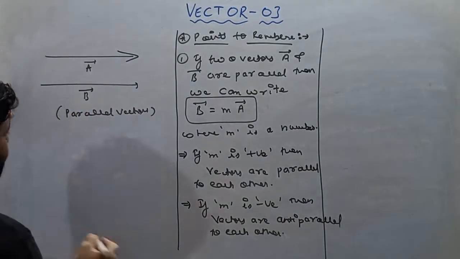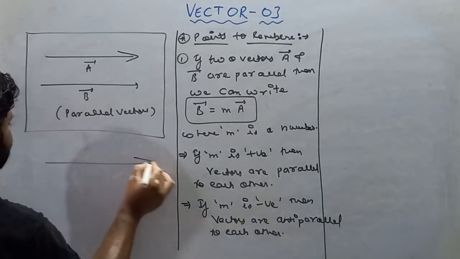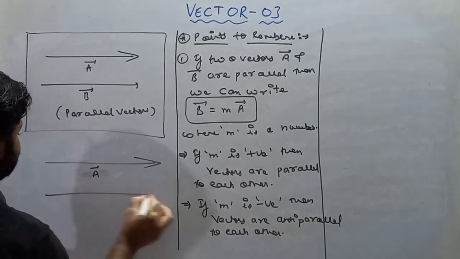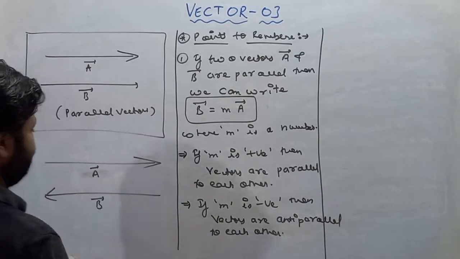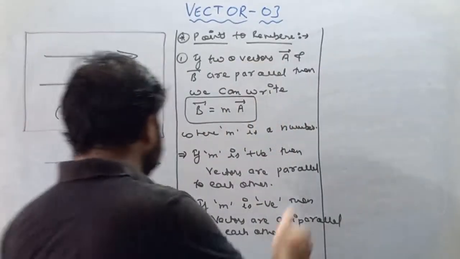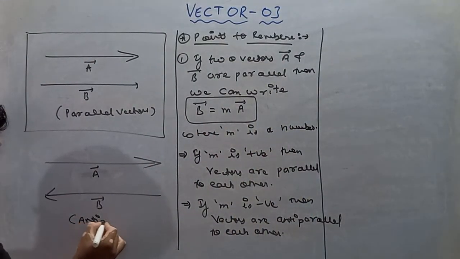If I am talking about anti-parallel vectors, let's suppose one vector is A vector and the other vector is B vector. A vector and B vector are parallel to each other, but their directions are opposite. So we'll say this is anti-parallel.